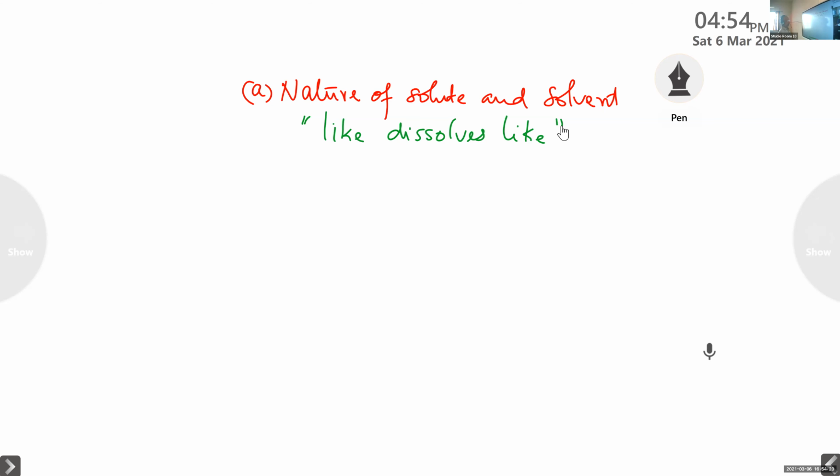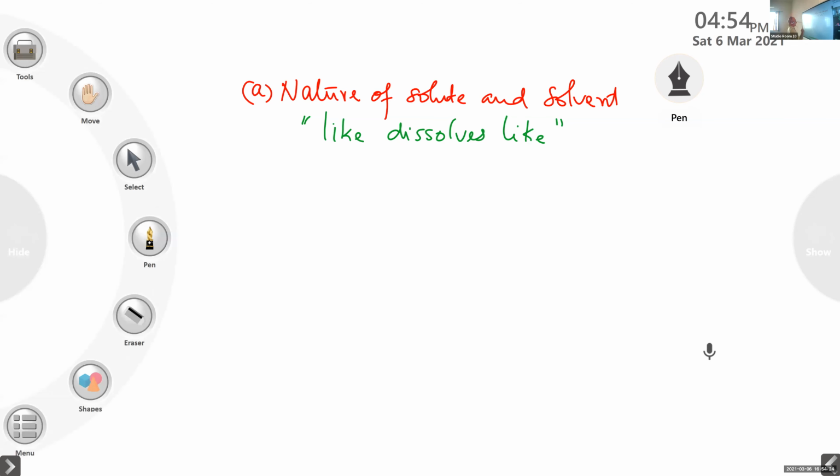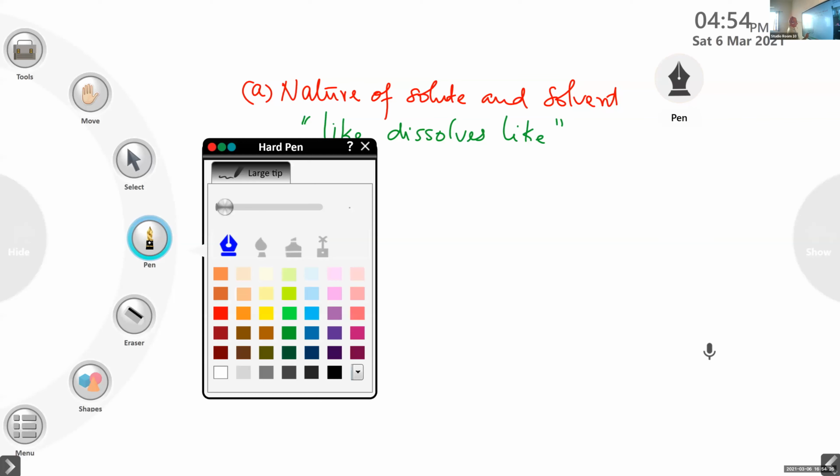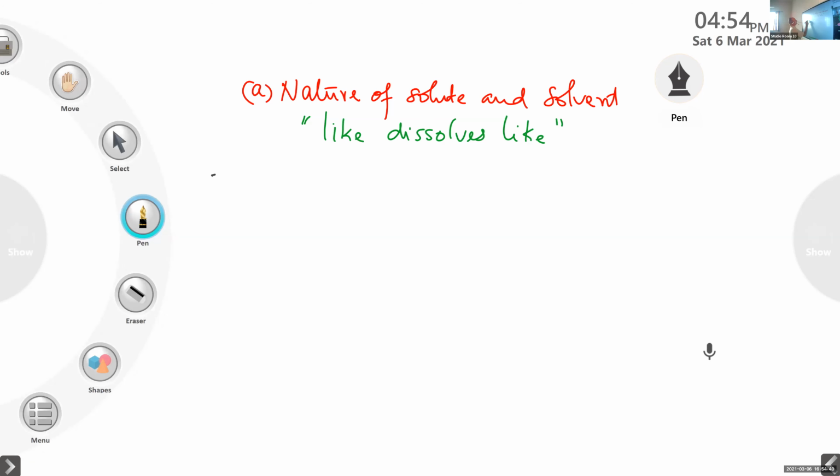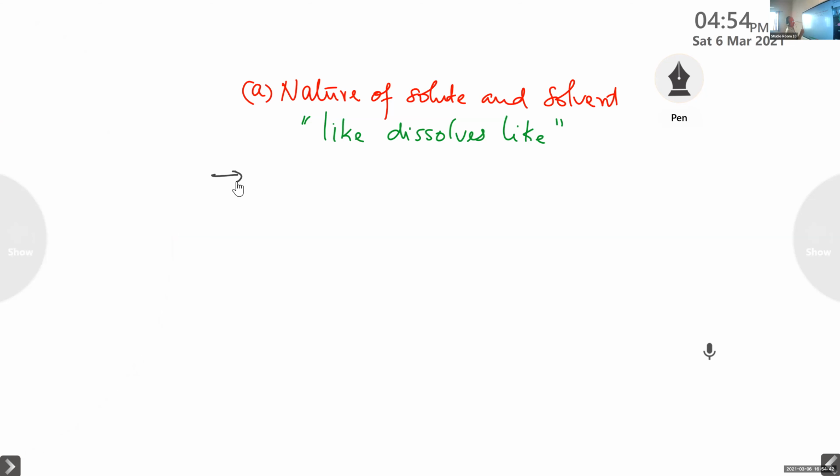Say, for example, let us take sodium chloride, glucose, sucrose, urea, etc. All these compounds are either ionic or polar. So what is the meaning of like dissolves like?